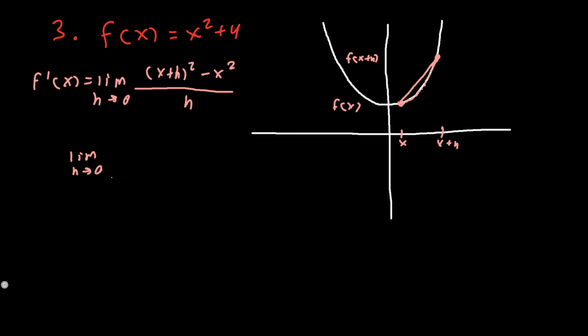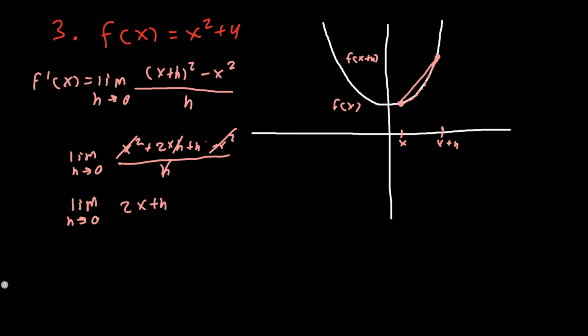So let's go ahead and now do that, which will give us here the limit as h approaches 0 of x squared plus 2xh plus h squared minus x squared all over h. The x squared terms cancel out once again, and then the h's will cancel out, and then this one will get a lower degree, leaving us with the limit as h approaches 0 of 2x plus h.